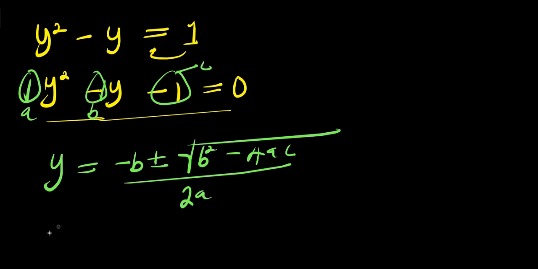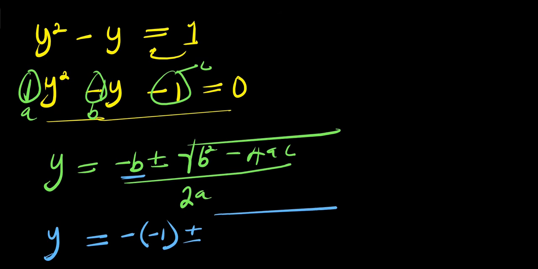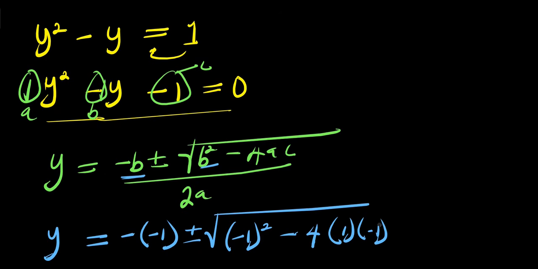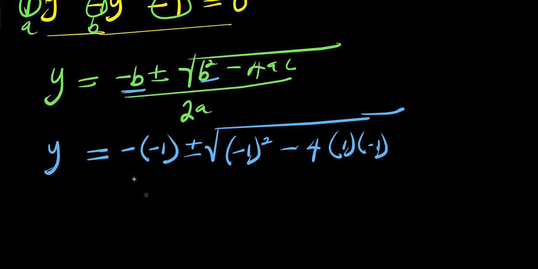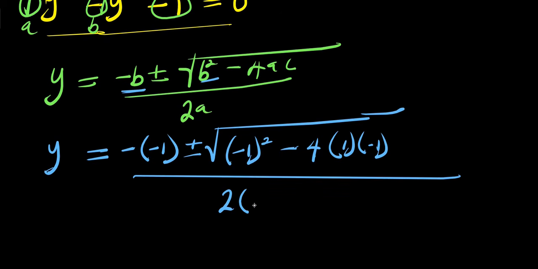So from here, we have y equals negative b, there is negative 1 here, which is our b, so negative times negative 1, plus or minus square root of negative 1 to the power of 2 minus 4 times a, which is 1, times c, which is negative 1. This is divided by 2a, that is 2 times 1.